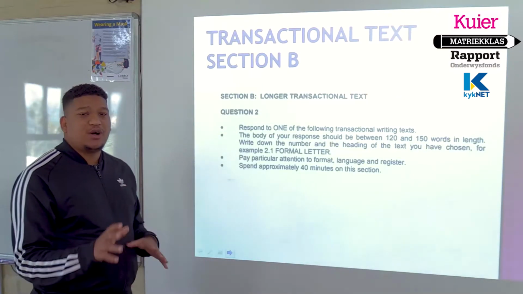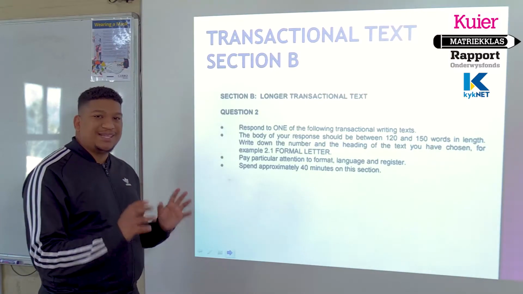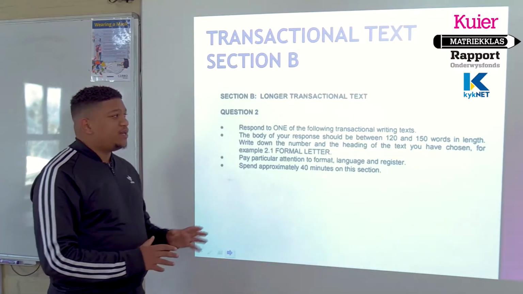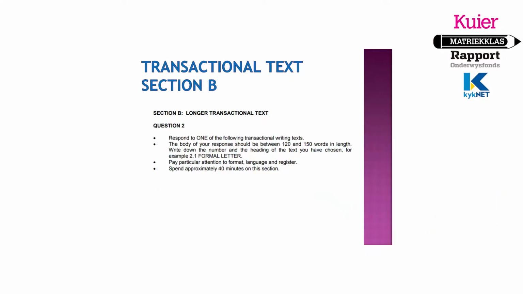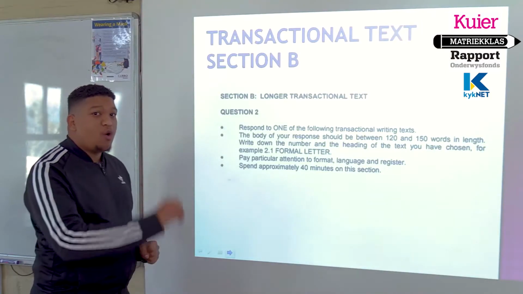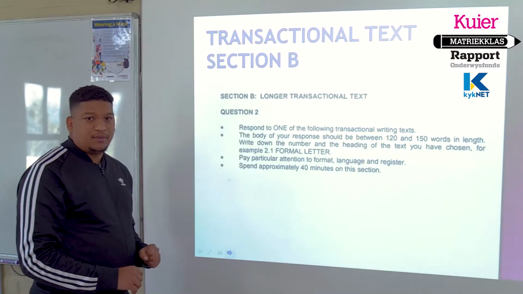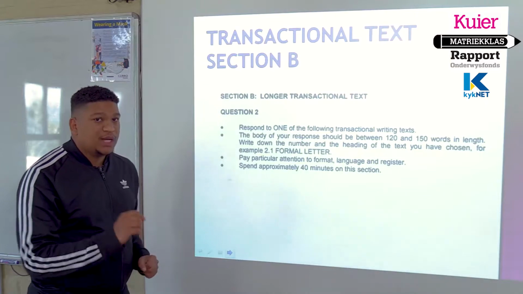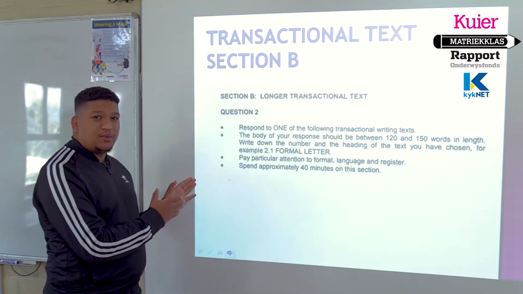Now we will focus on section B in the question paper, which is a transactional text. Now here, grade 12, it is important that when we look at the instructions, it tells you to respond to one of the following. Just like one essay, one in section B, one in section C. Not two in section B. Because it is important that you look at this, grade 12.